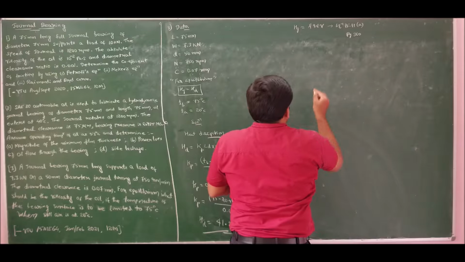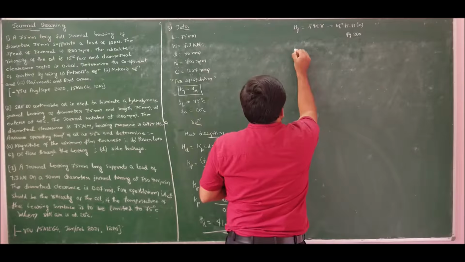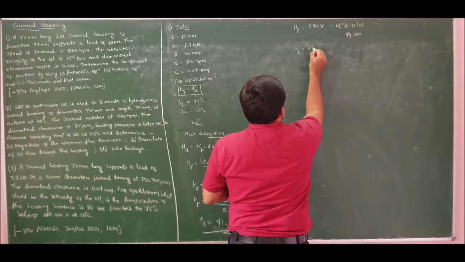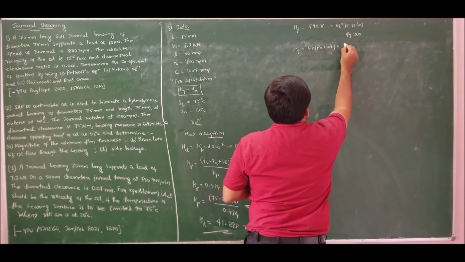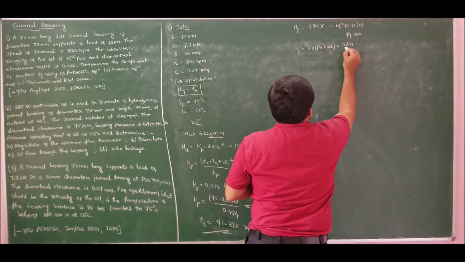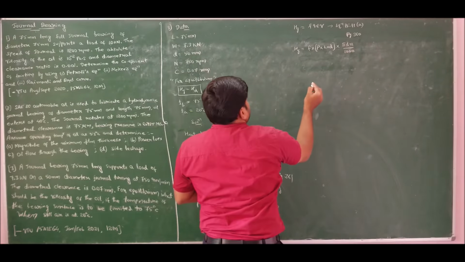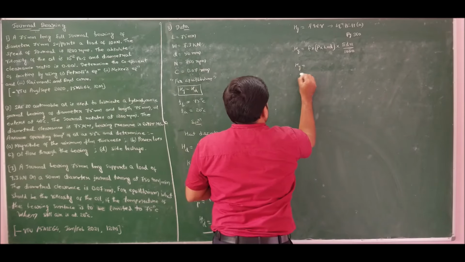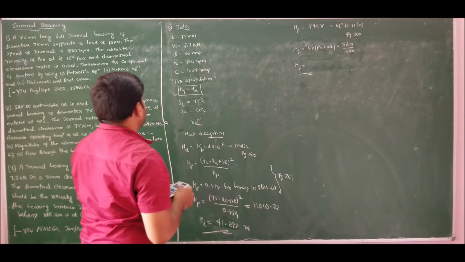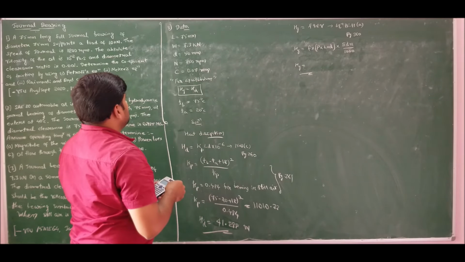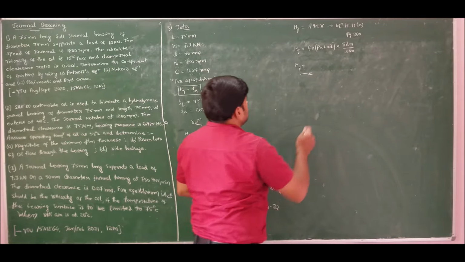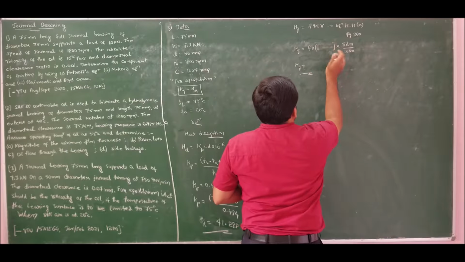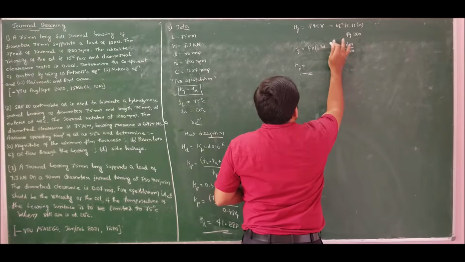Now if I substitute all the values, Hg is the coefficient of friction into load, W, into velocity, which is pi D N by 1000. Here F is unknown, but we know W directly, so I can substitute the value of W directly, no need to worry.